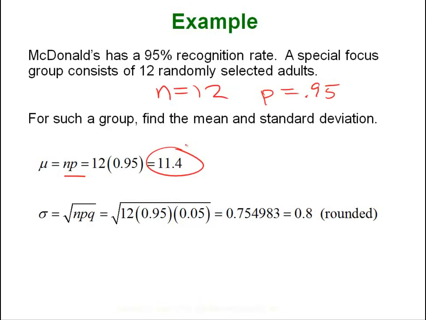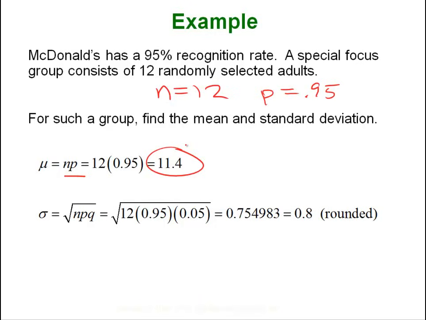But what the expected value means is that on average, if you randomly chose 12 people over and over and over again, sometimes 12 of them would recognize it, sometimes 11, maybe even sometimes 10. But if you ran that experiment over and over again, and each time wrote down the number of people from that sample who recognized McDonald's, and then took the average of those results, right?